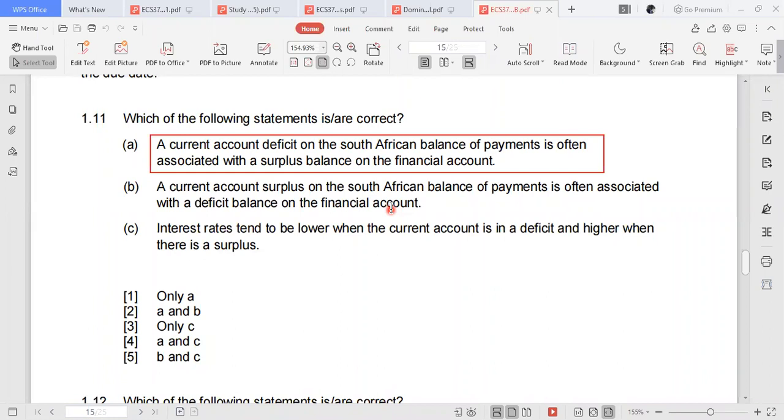Interest rates tend to be lower when the current account is in a deficit and higher when we are in a surplus.